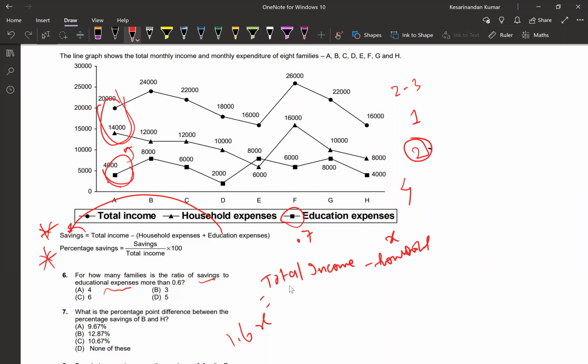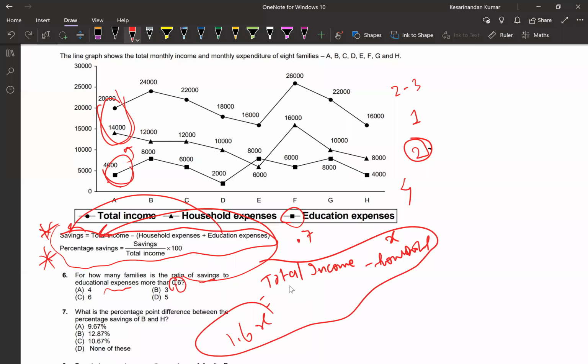It will take way lesser time next time. So anything asked quite similar to this, substitute the ratio here, get an equation and then implement that.